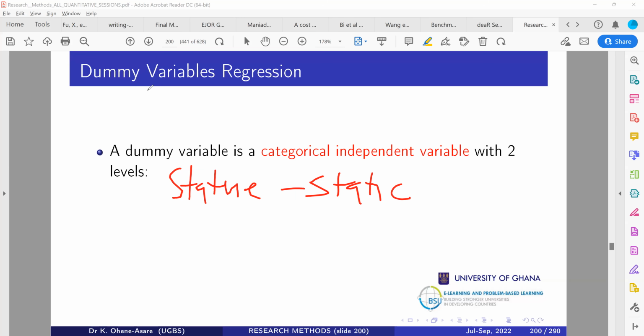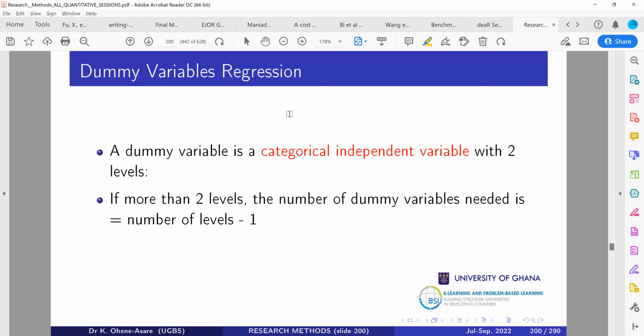And one thing about the levels is that the number of levels are always one more than the number of dummies. Note it down. The number of levels are always one more than the number of dummies, which means the number of dummies are always one less than the number of levels.